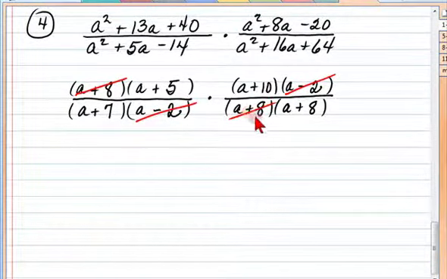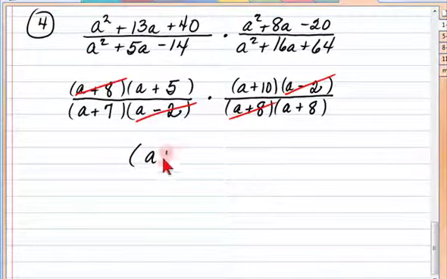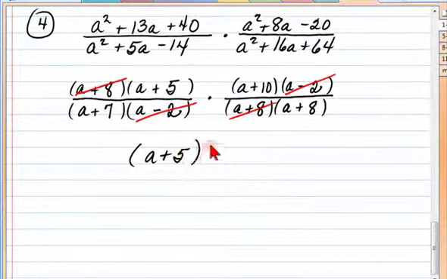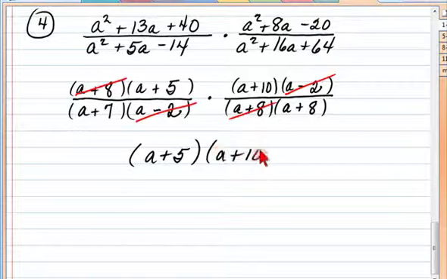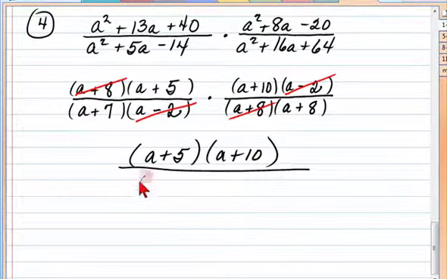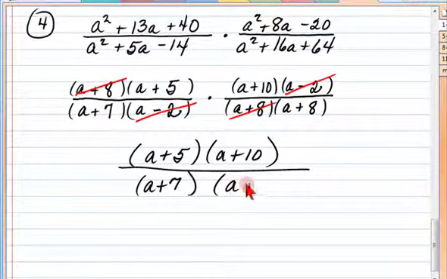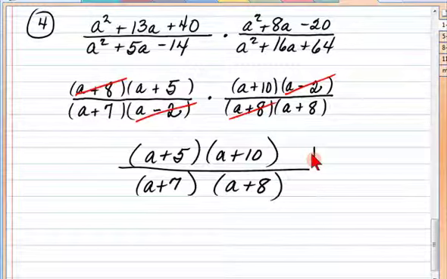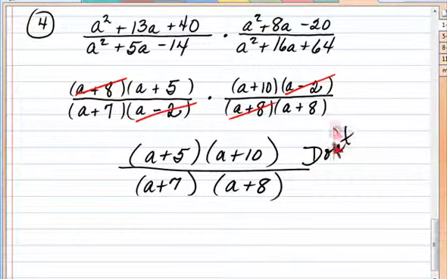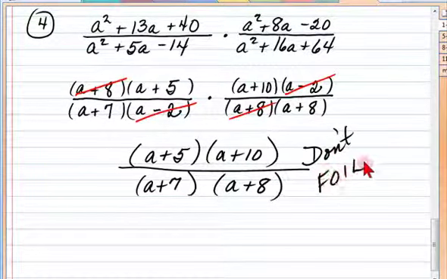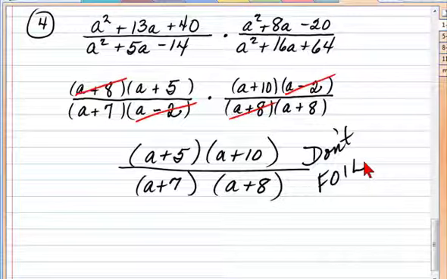When you have a product multiplication problem, it leaves the answer in factored form. So it leaves the answer looking like this. And you do not have to use your FOIL to multiply it out. So don't FOIL. You're just going to leave it.